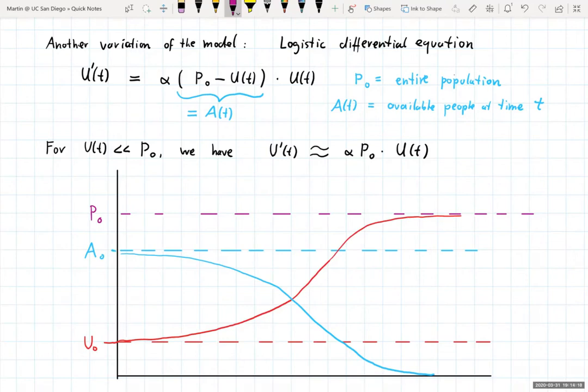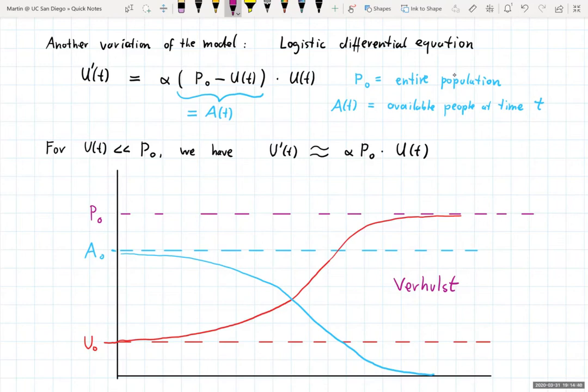The logistic differential equation was originally devised by a French guy who went by the name Pierre-François Verhulst. Let me write this down here. I'm pretty sure I got the French wrong. His application actually was population models.